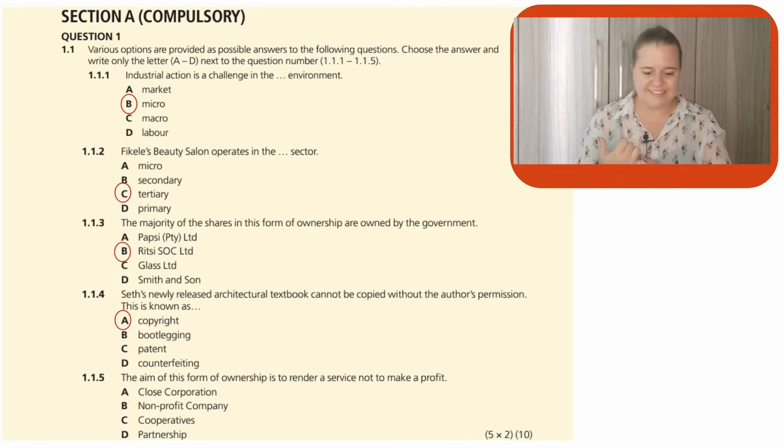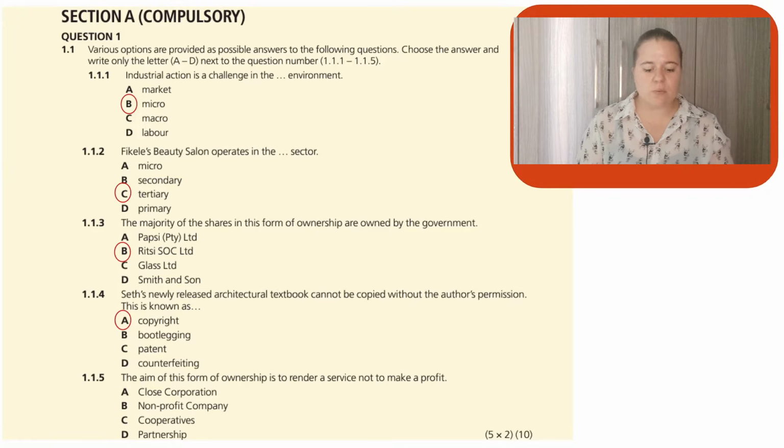So that one's not even in this one. Patent, don't get confused between copyright, patent, and trademarks, right? So that one's a bit of a one to throw you off. And then counterfeiting, that's also a socioeconomic issue. So we know that that one's definitely not for this section either. All right, moving on.